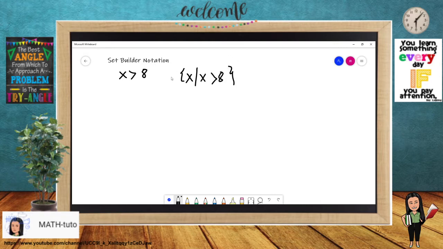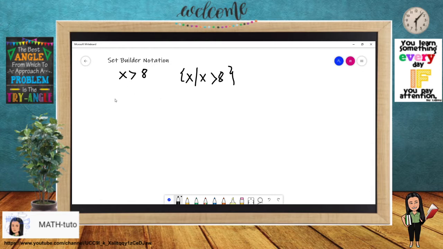Yan. This is already in set builder notation form. Okay? So, kung ano yung solution set natin, ilalagay natin siya dito sa loob ng braces and then lalagyan lang natin dito ng x such that. Pag binasa natin to, this is the set of all x such that x is greater than 8.